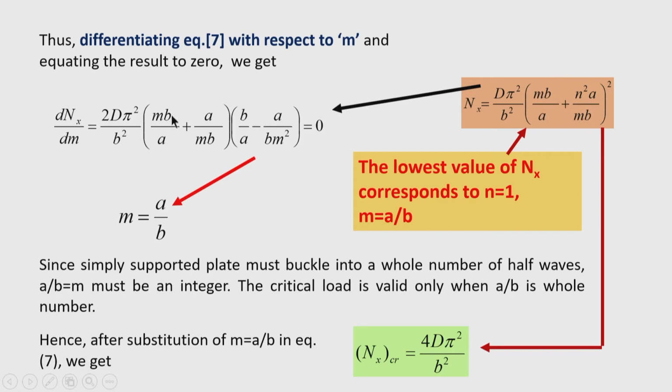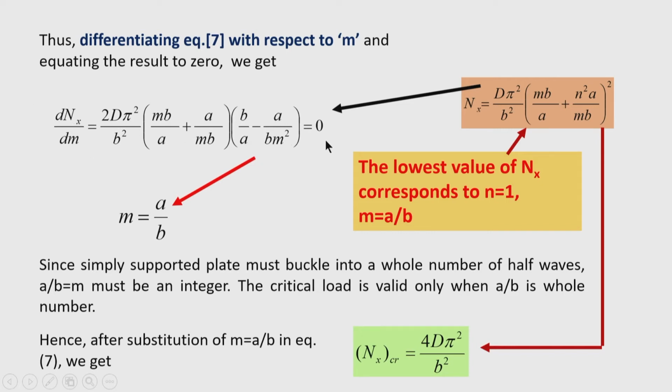So, 2 is coming and you are getting this quantity as it is. Then you are differentiating this quantity inside the bracket, and therefore, first parameter, that is m b by a, becomes b by a after differentiation with respect to m. Then second term becomes, n is 1, so a by b, and 1 by m differentiation is minus 1 by m square. So, this value is obtained.